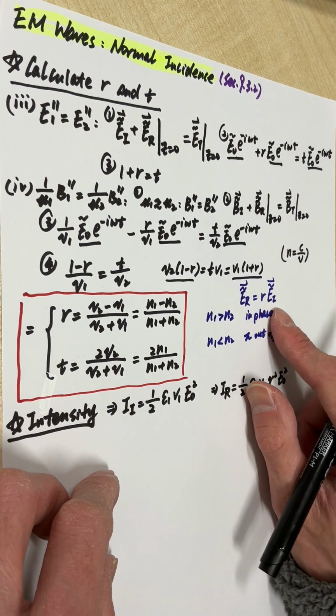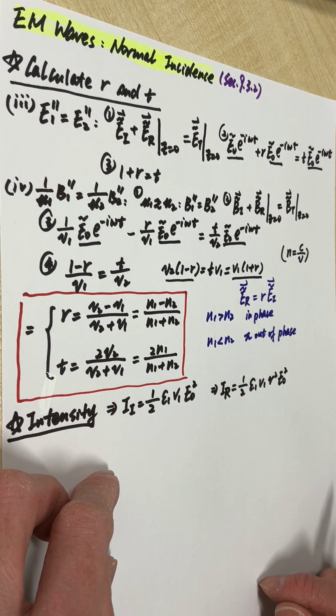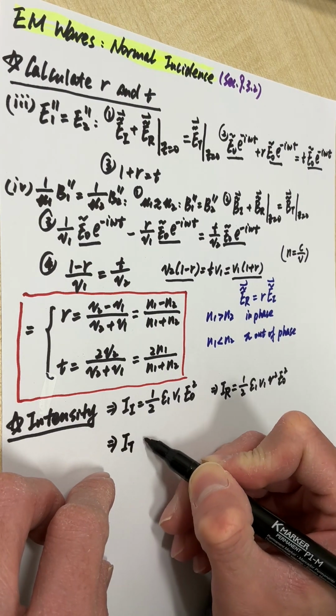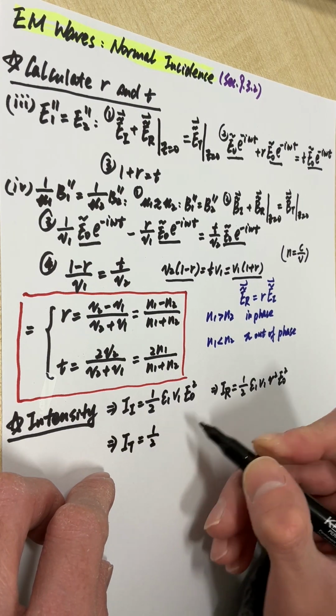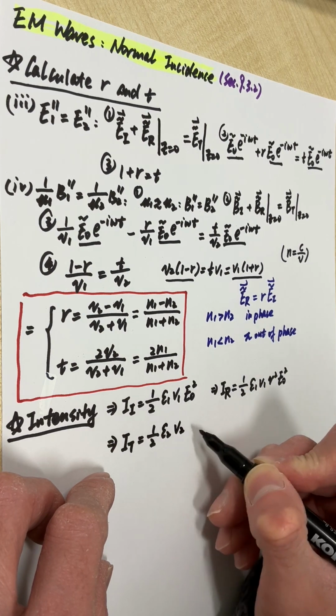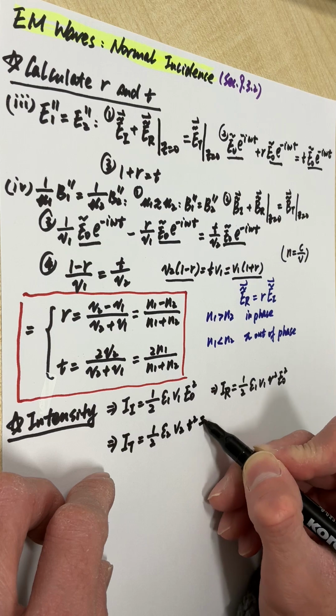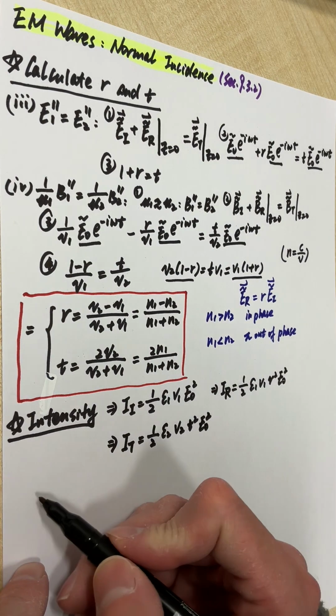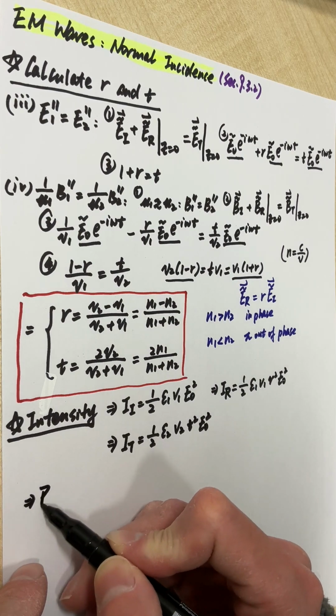So we have R EI. For the transmitted wave, we have IT equals 1 by 2, and then epsilon 2 V2, and then T squared E0 squared.